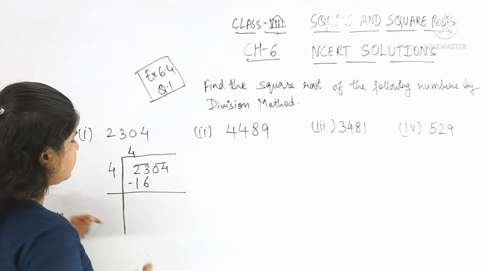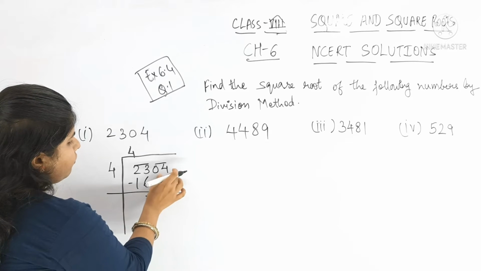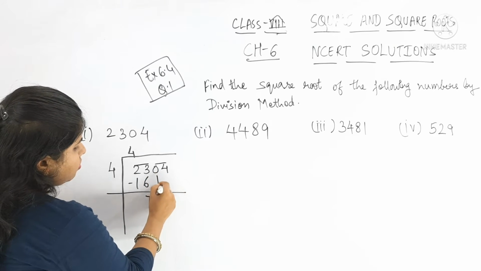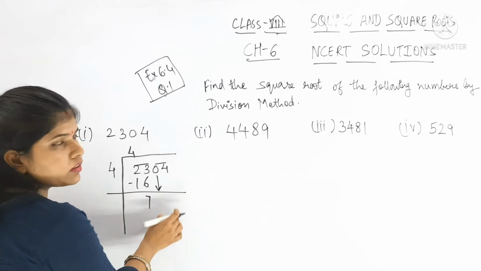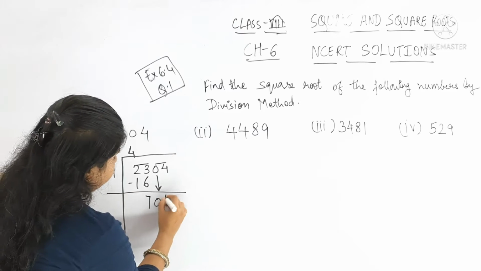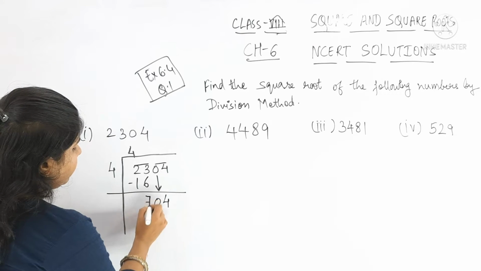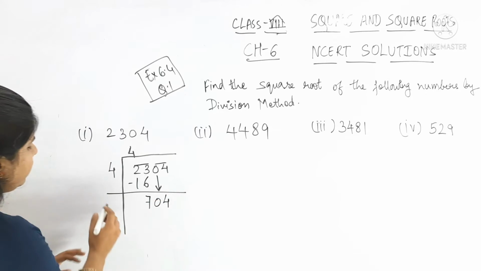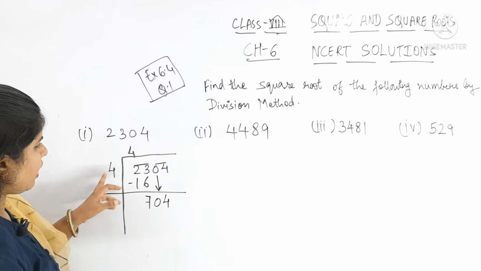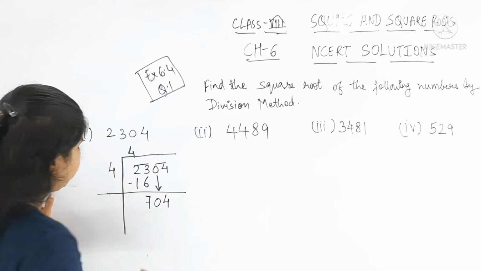So 23 minus 16 is 7, and we bring down both numbers, 04, because it is in a pair. So we get 704. Now you have to add both numbers: 4 plus 4 is 8.